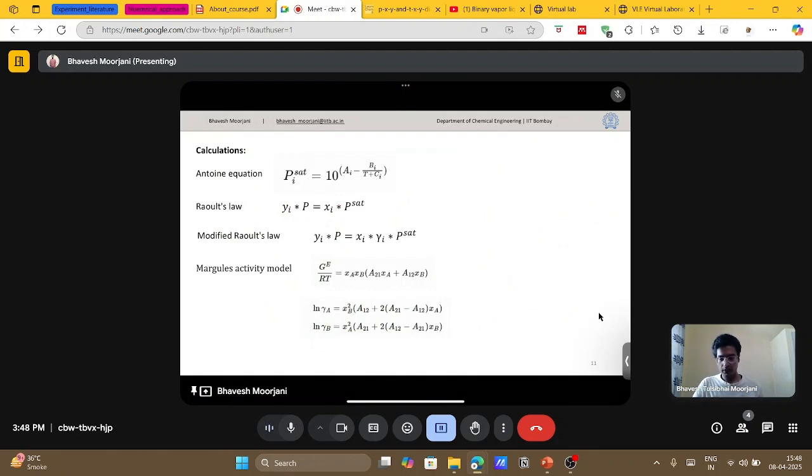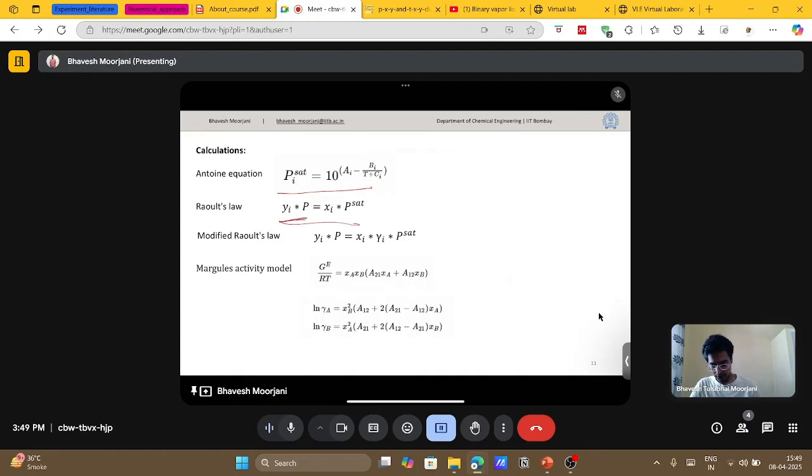So as you all know, the Antoine's equation gives us the vapor pressure of a component at a given temperature, right? So if you know the Antoine parameters for a component, then you can compute its vapor pressure at a given temperature. Now, Raoult's law, which is an ideal representation, states that for a vapor liquid equilibrium, we can write y_i P, which is the mole fraction of a component in the vapor phase times the total pressure.